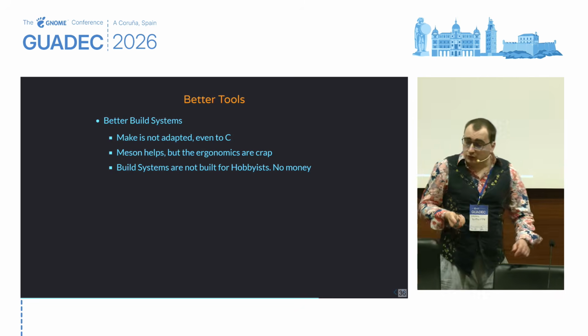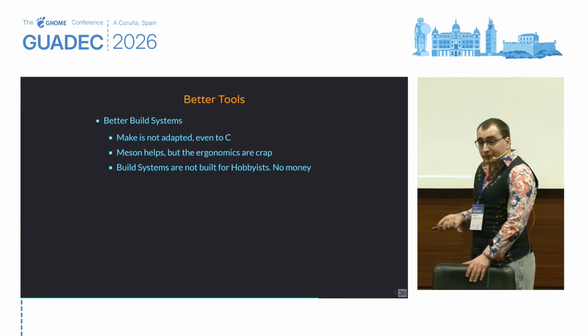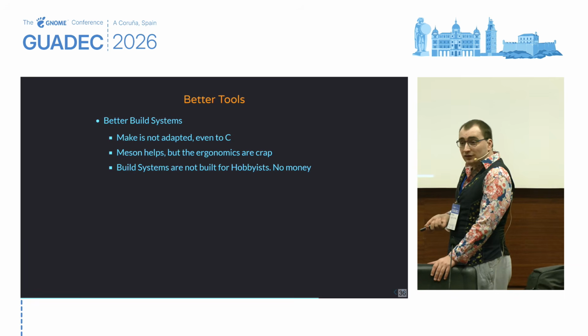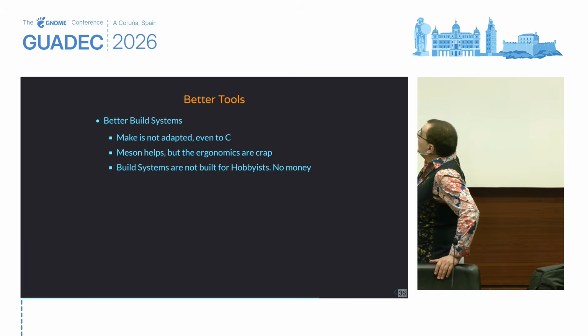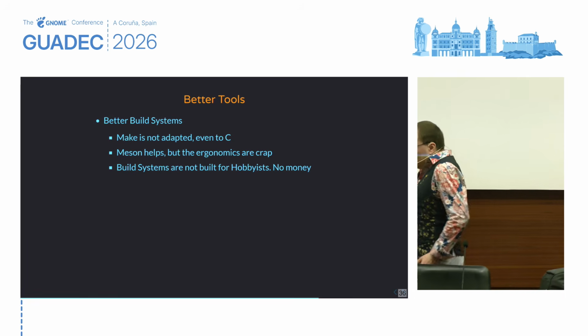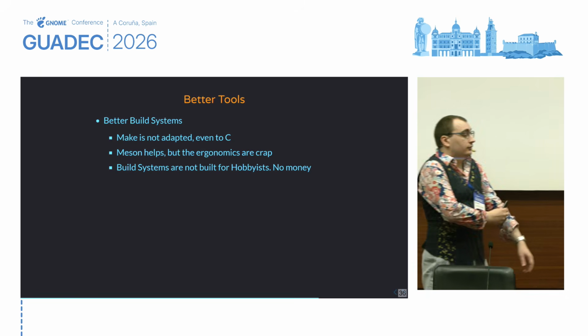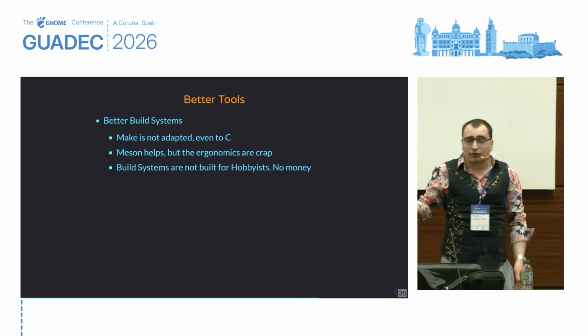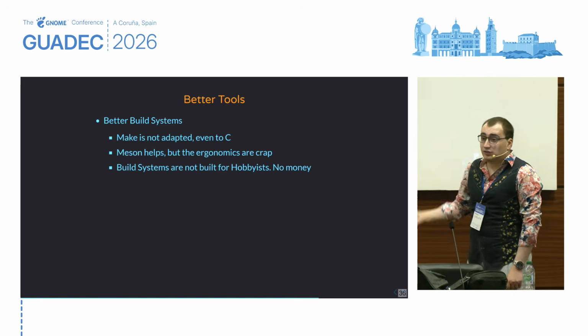Most hobbyists do not compile Firefox or Chrome, right? And actually, they don't because they cannot. I'm sure everyone here is aware of the difficulty of building Chrome. Build systems are not built for hobbyists because there is no money in that, right? Any big proprietary software doesn't have the same needs as most hobbyists.